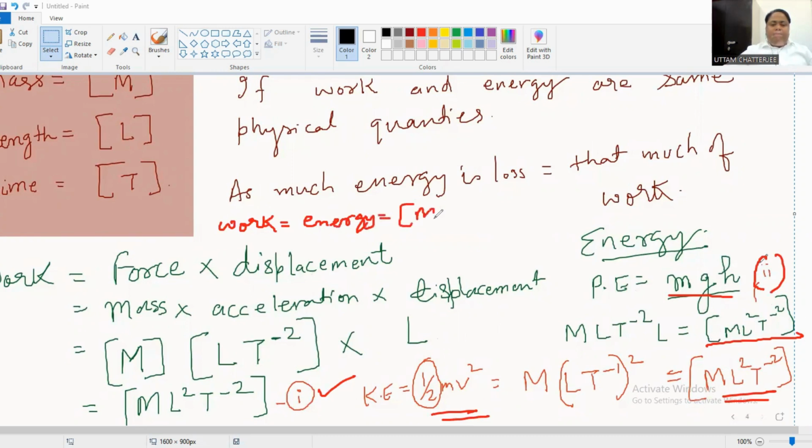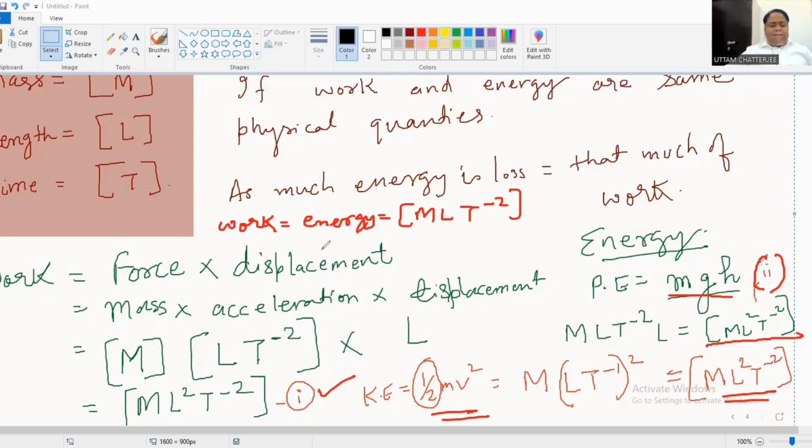It is M L square T minus 2. So we can say that they are the same physical quantity or similar physical quantity. So mathematically, we can prove that the amount of energy which we have, that much of work we can do, or the energy lost is converted into work done.